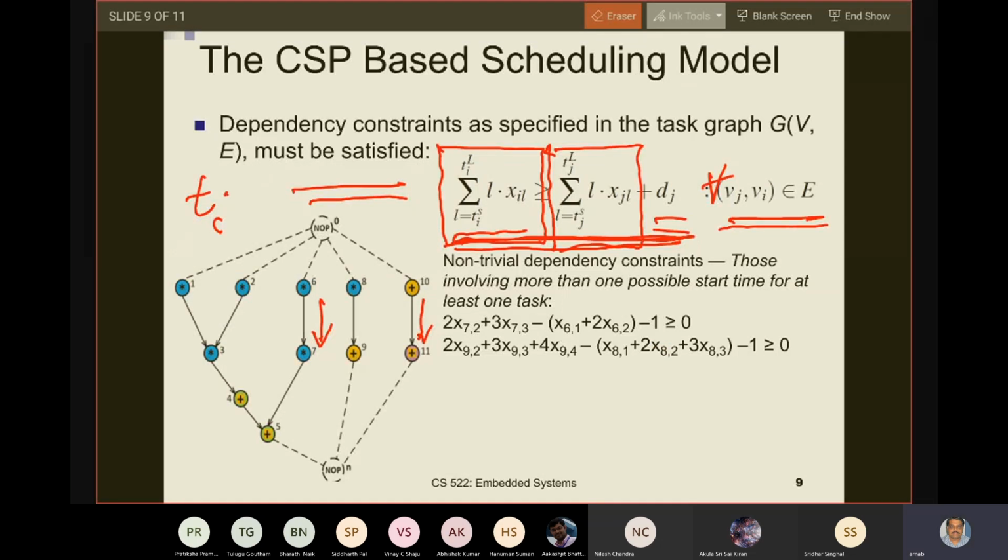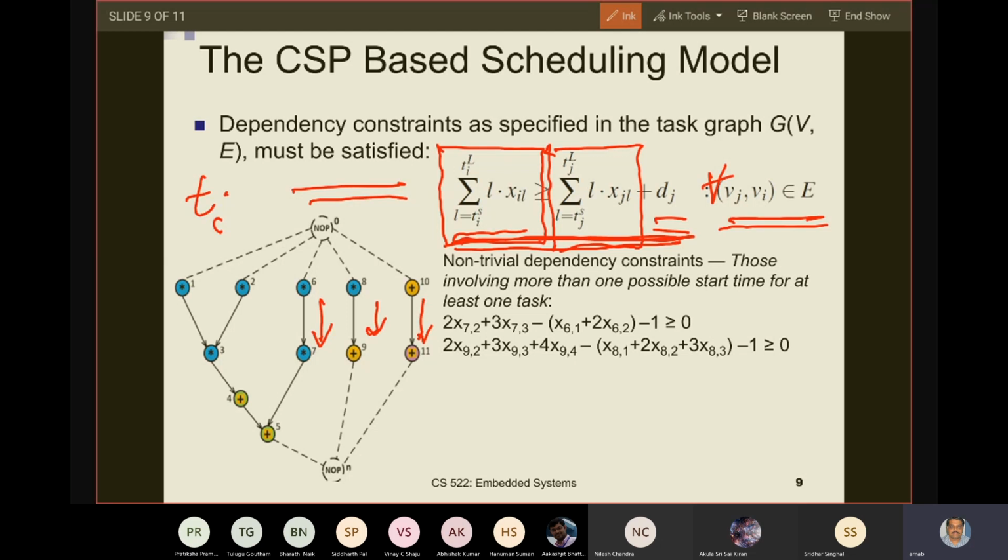So we have similar constraints between x8 and x9. The second constraint is for the edge x8 to x9. If this is self-explanatory, you should be able to understand what this constraint tries to say. Let me go back to the edge 6 to 7.